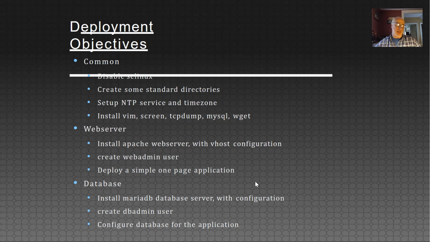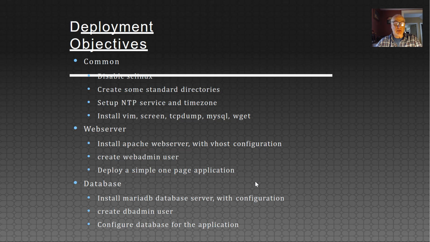Then on our web servers, we want to install our Apache web servers with its vhost configuration. Remember, that tells us how many different web servers we can run on one physical, or in this case, virtual web server. We want to create a web admin user.